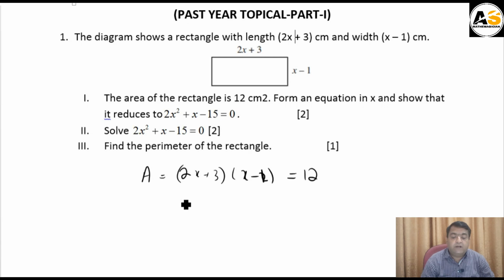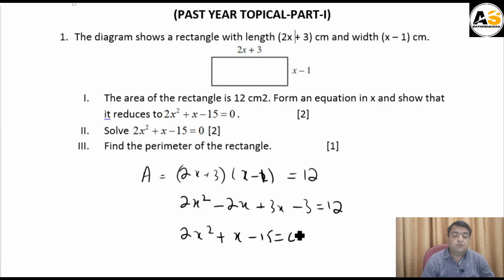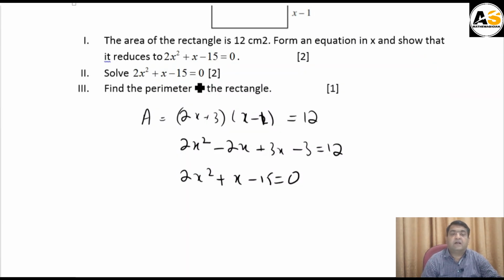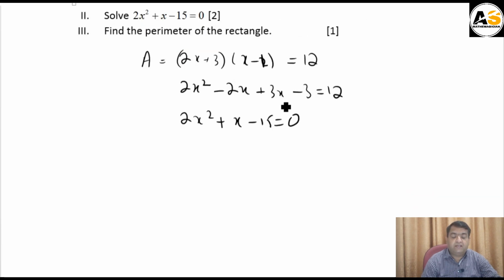So 2x into x, 2x square, 2x multiplied by minus 1, minus 2x, 3 into x, plus 3x, 3 into minus 1, minus 3, is equal to 12. From here I can write 2x square plus x minus 15 is equal to 0. Part 1 is done. Now we have to solve this quadratic equation to find the values of x.